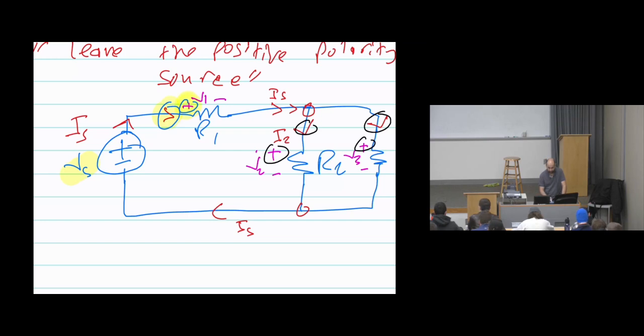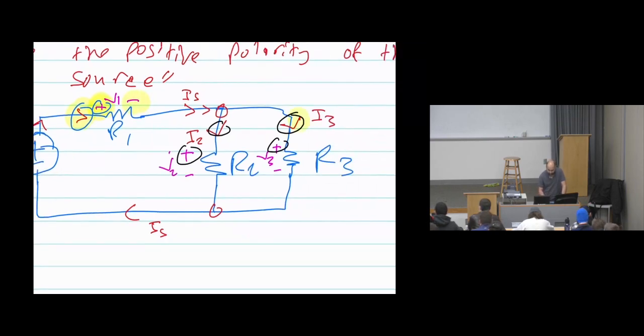That's why we assume plus and minus V1. Then look at R2 and R3. We make sure that the current enters the positive polarity of the voltage. That's how I assume all of the voltages. Again, keep in mind to make sure the current enters the positive polarity of the voltage, so you can avoid the negative sign in Ohm's law.